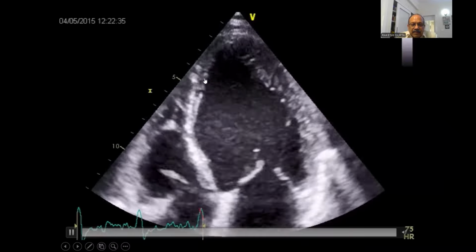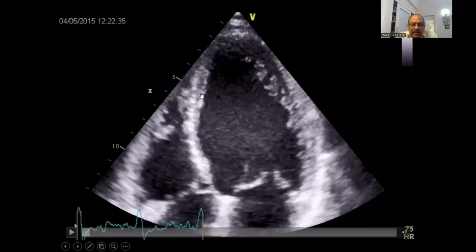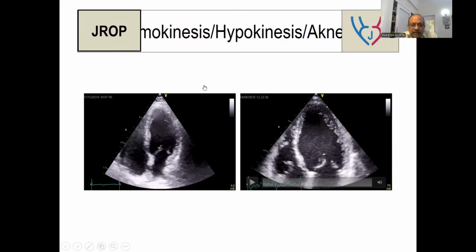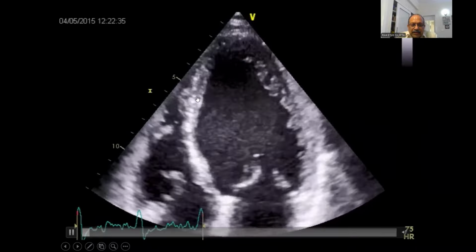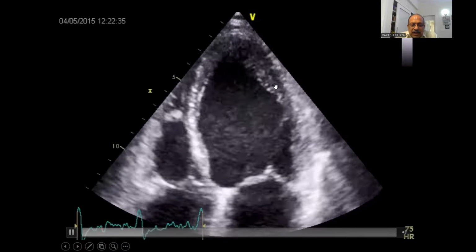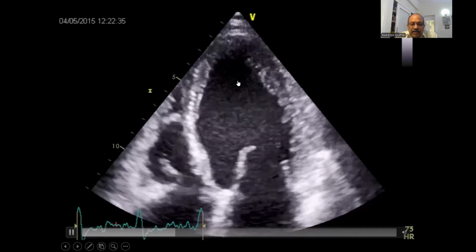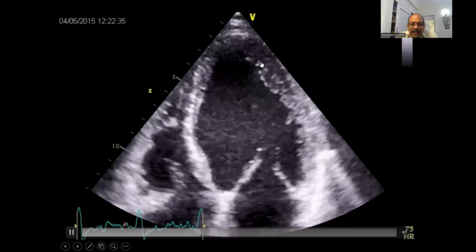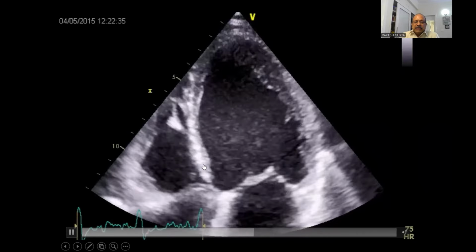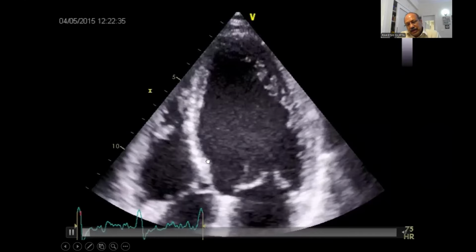See carefully. This part which is thickening is endocardium. This part is endocardium. This part is myocardium. If you do not see endocardium, then what you see is only myocardium, and then we see global LV hypokinesis. You only see this part with poor echo machines.